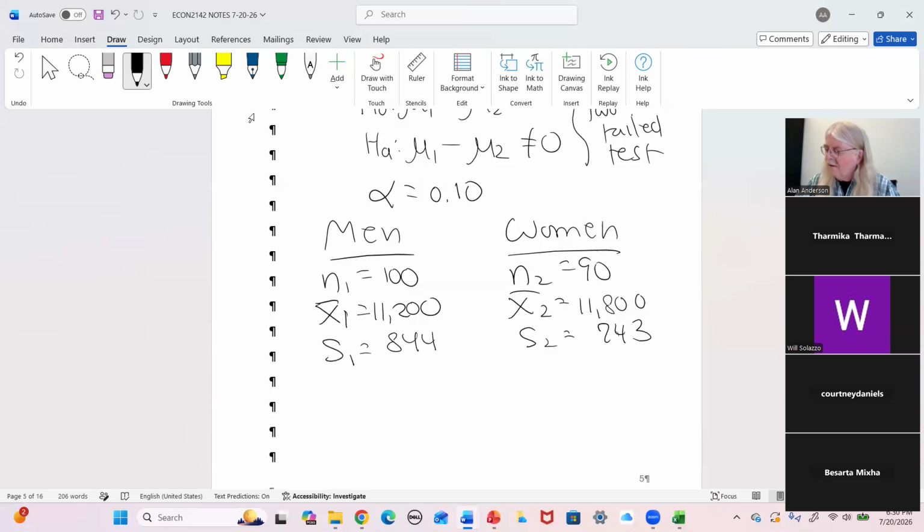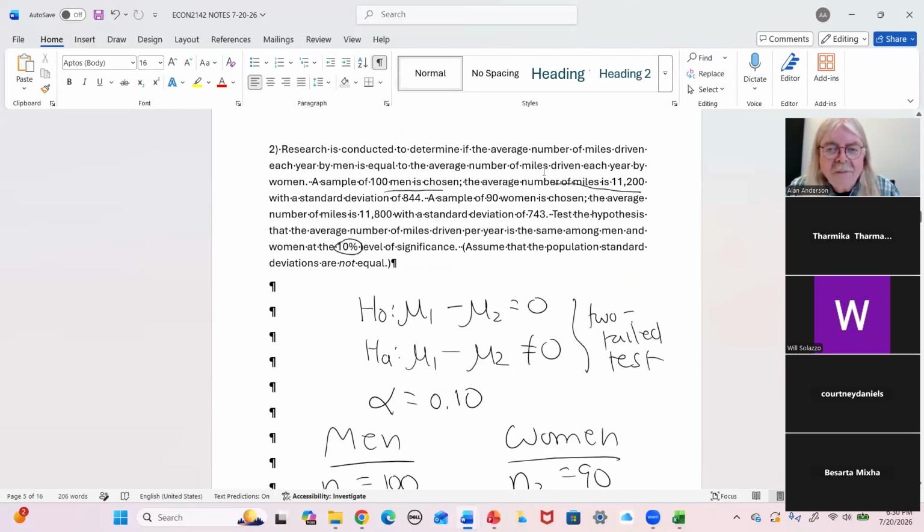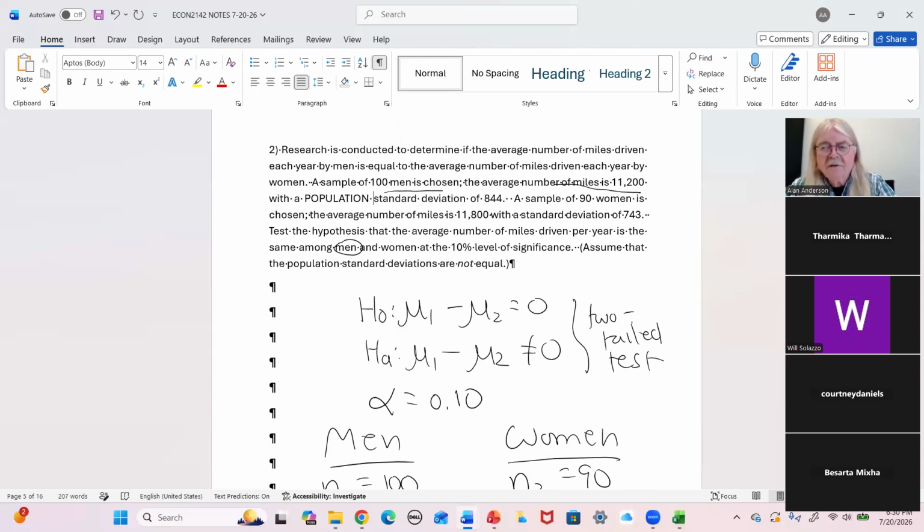I was trying to get these ready, and I guess there are a couple of screw-ups. So this thing is very badly written because it should say population. I'll post a corrected version of this tonight or tomorrow.